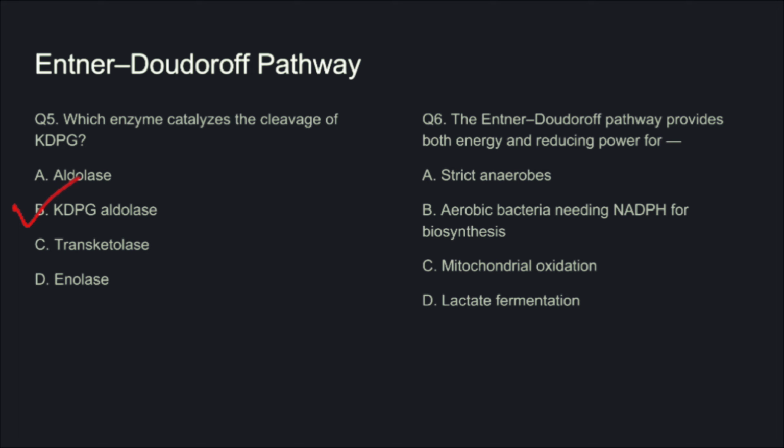The Entner-Doudoroff pathway provides both energy and reducing power for, options are A. strict anaerobes, B. aerobic bacteria needing NADPH for biosynthesis, C. mitochondrial oxidation, D. lactate fermentation. Correct answer for this is B, aerobic bacteria needing NADPH for biosynthesis.